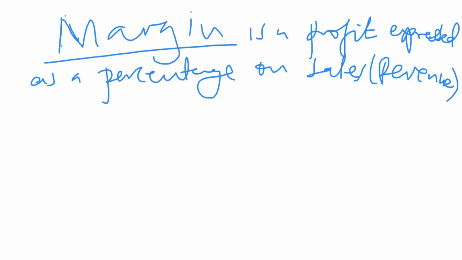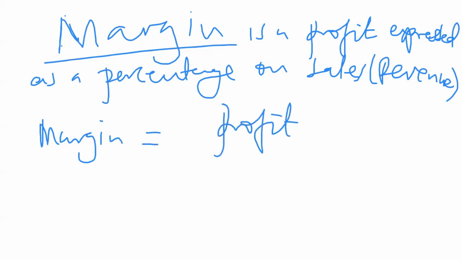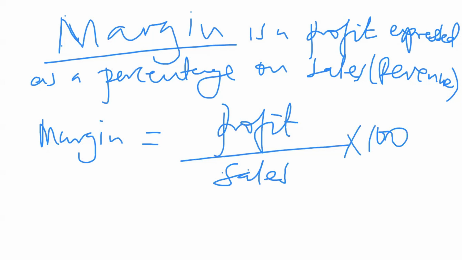So this means the margin will be equal to the profit out of sales times 100. We multiply by 100 just to make it a percentage. And that's all for the margins.